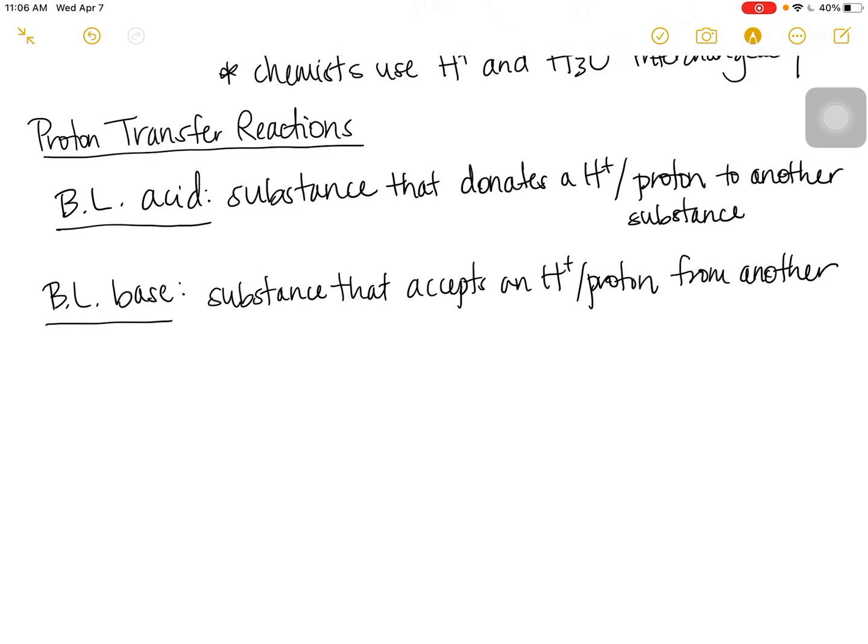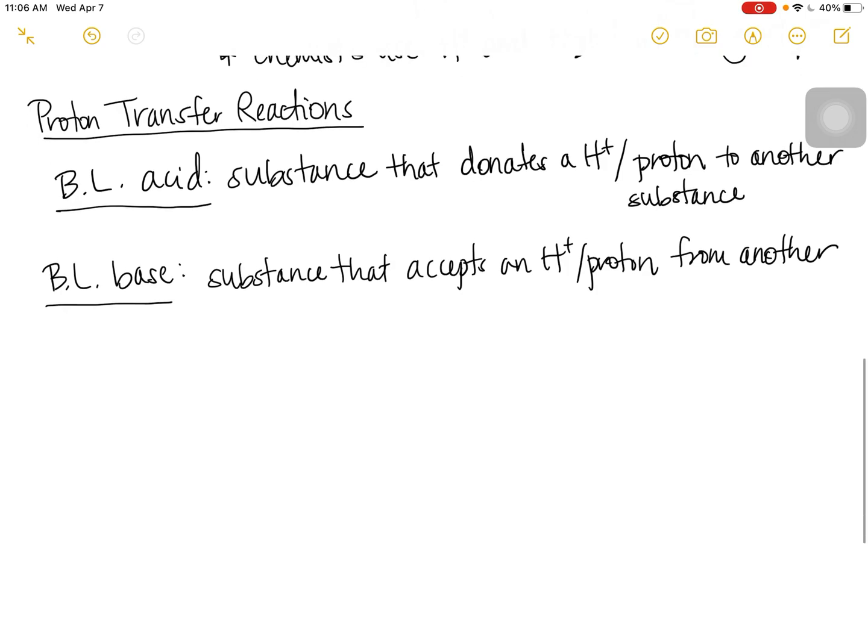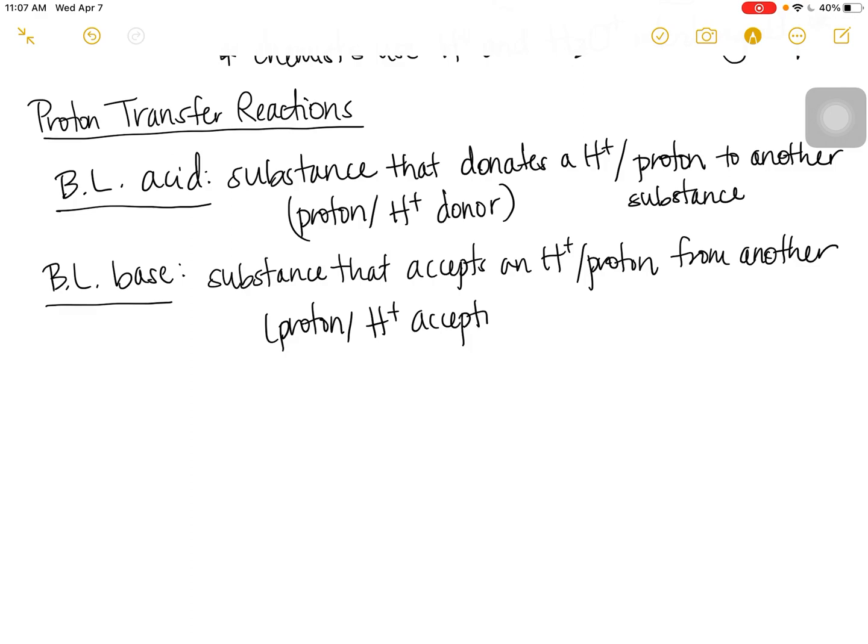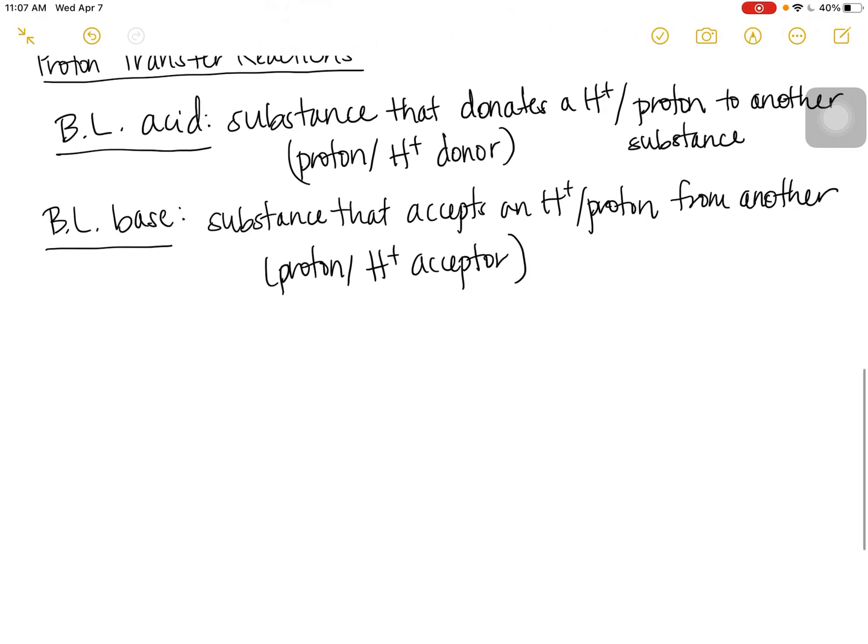So Bronsted-Lowry acids and bases involve what we refer to as a proton transfer or an H plus transfer. We can break this down to say a Bronsted-Lowry acid is a proton or an H plus donor, and a Bronsted-Lowry base is a proton or an H plus acceptor. So that's the very general definition of Bronsted-Lowry acids and bases.